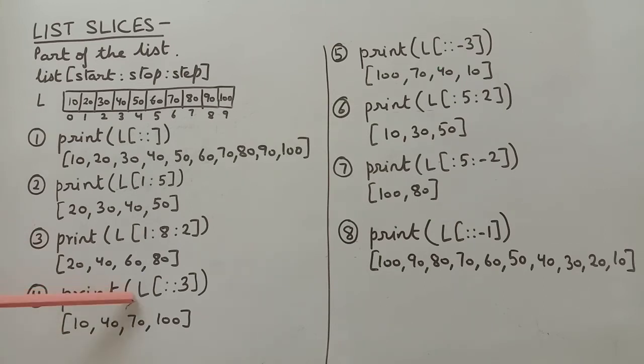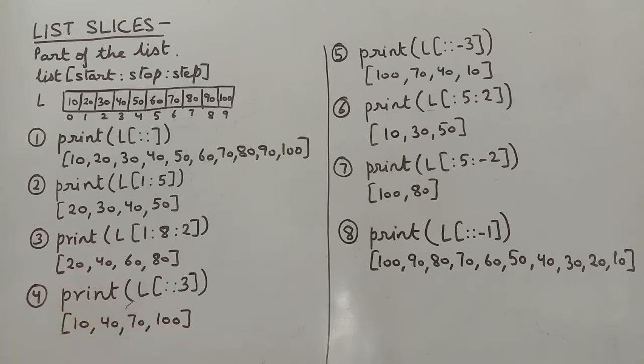Next, print L, where I have not specified the start value and end value, but I have provided the step value as +3. So start is assumed to be the 0th element, and end is assumed to be the end of the list. Your resultant is the first one, then every third value after that: 10, 40, 70 and 100.